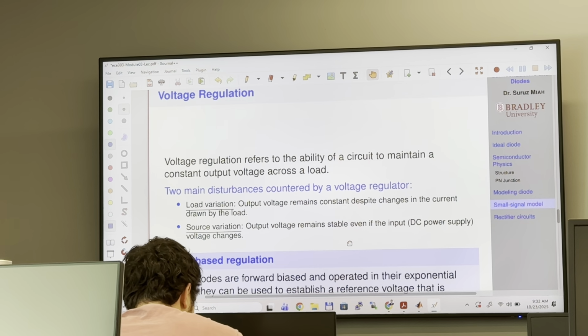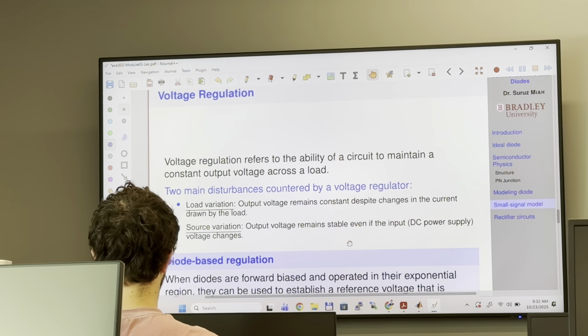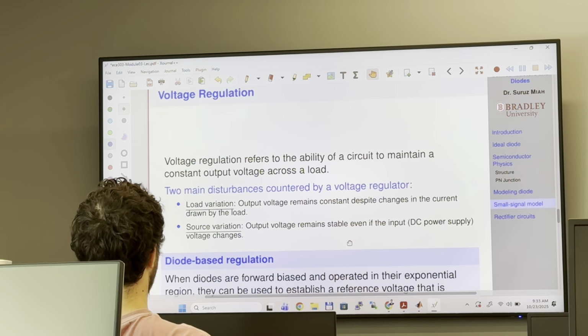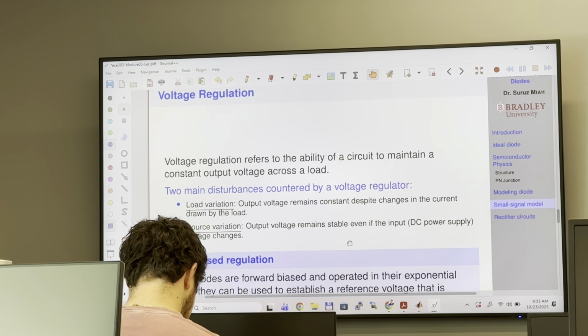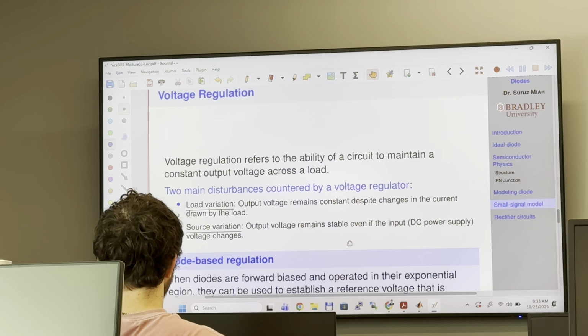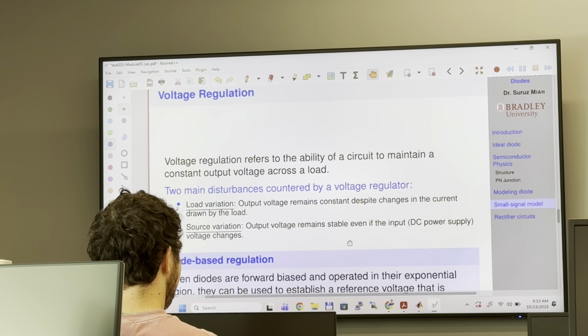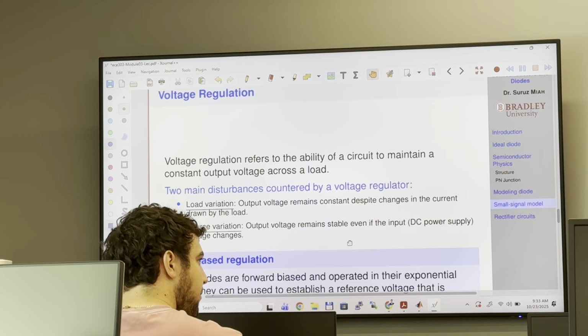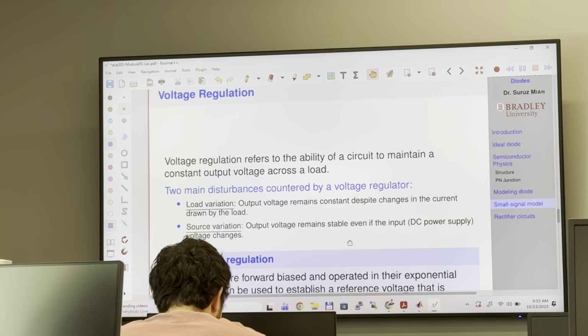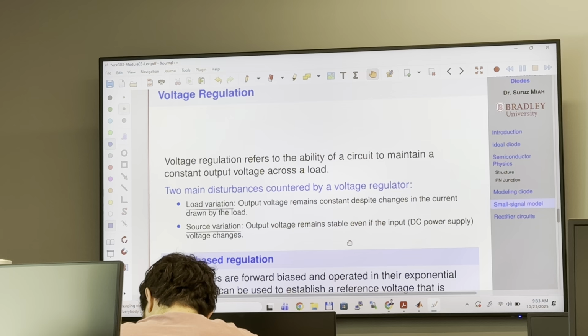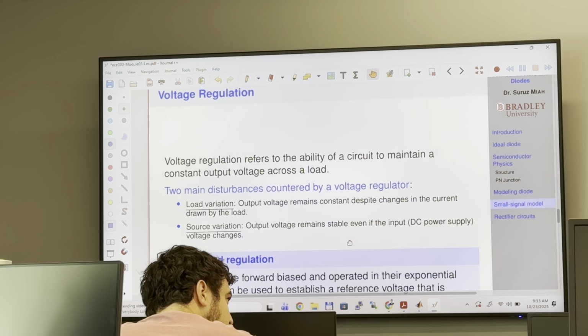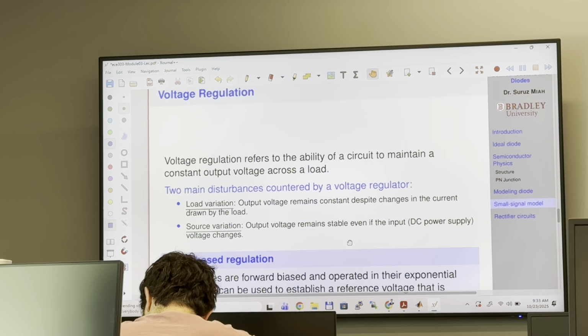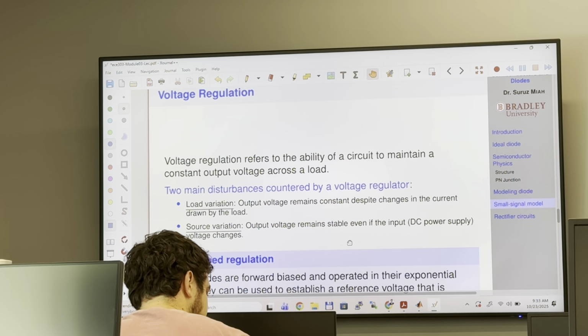For voltage regulation, a diode has to be present to construct the circuit of a voltage regulator. Voltage regulation can be of two types. One is in case the input voltage varies, the output voltage is going to be constant, regardless of the input voltage.